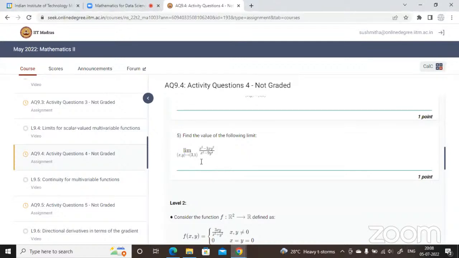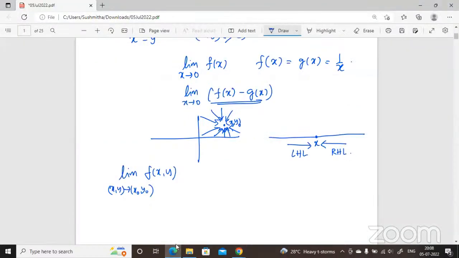When you have functions like this, first simplify it. Obviously, the denominator is 0. Something like 1 by x is infinity as x goes to 0, so in this case you can say the limit does not exist.